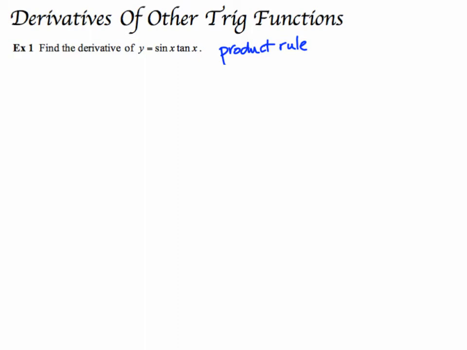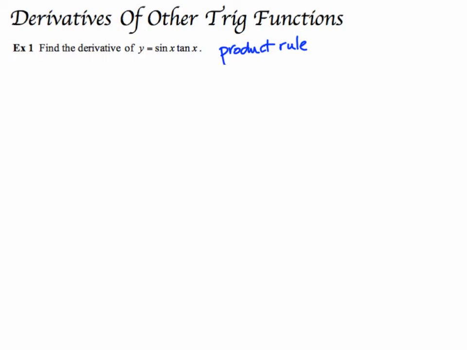And in this first example, I have four examples. We need to use the product rule. Now the order that you use the product rule doesn't matter, as long as you apply it correctly, because you are adding in the middle. So you can either take the derivative of the first term and leave the second term, or take the derivative of the second term first and then leave the first term.